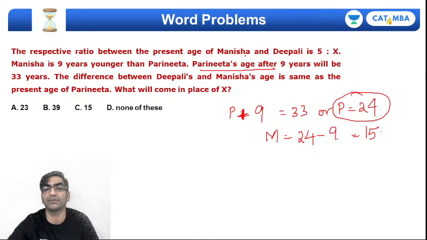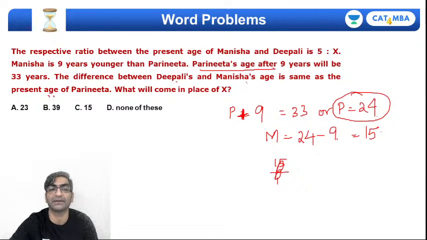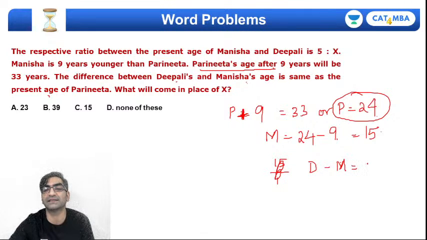You are also given Manisha to Dipali, right? So 15 is to Dipali. Okay, I don't know x, so no point of working with that. Difference between Dipali's and Manisha's age is the same as the present age of Parinita. Right? D minus M is the same as the present age of Parinita, that's 24.